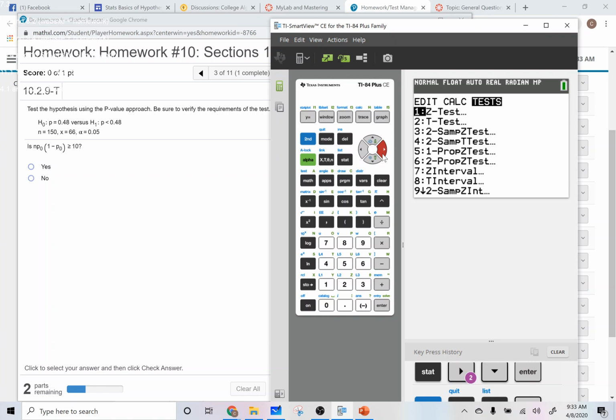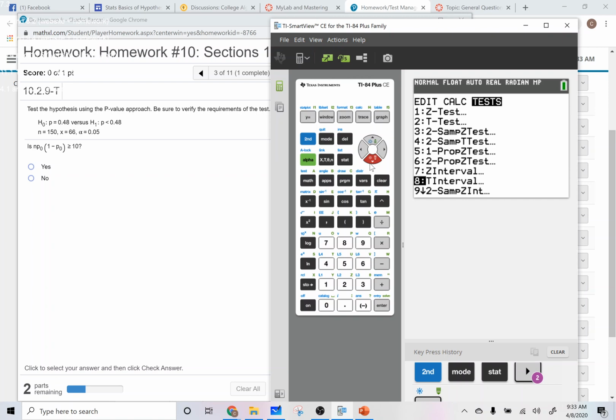And these ones are obviously mean tests. Two sample Z test and two sample T test. Those are both when you have two different samples and you want to compare them. One prop z-test is what we just did. Two prop z-test is if you have two different samples and you want to compare them. We've got Z interval and T interval.